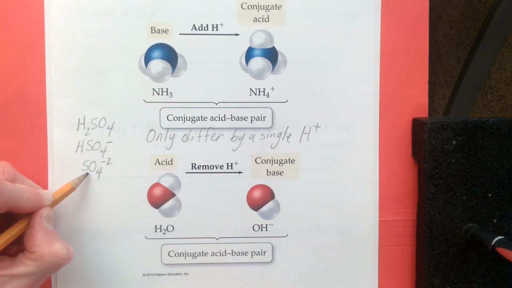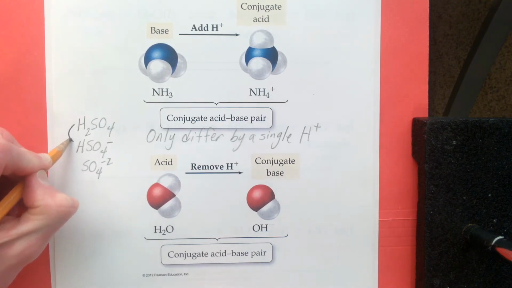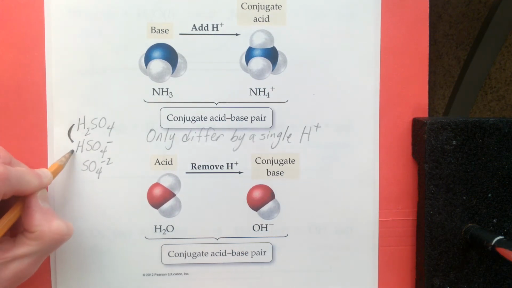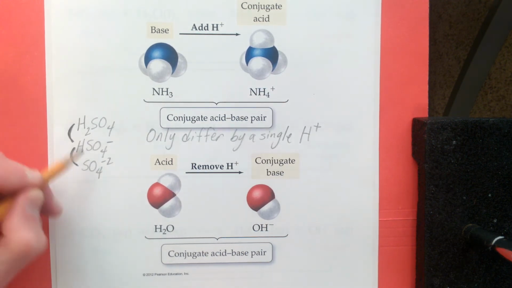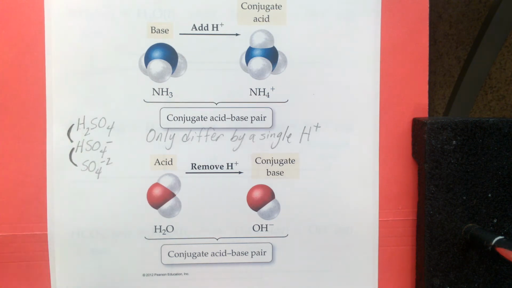So this would be its conjugate base. These two right here are a conjugate acid-base pair. These two are paired. See how the two pairs only differ by a single proton.